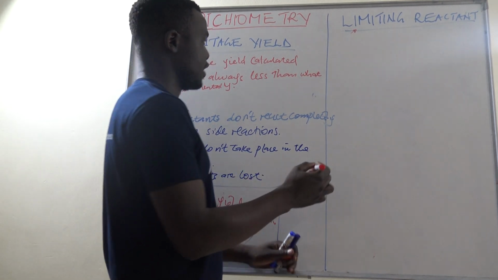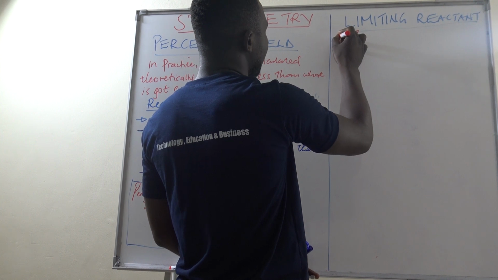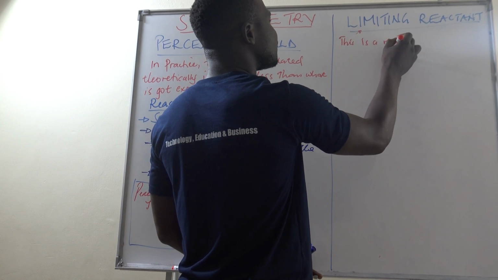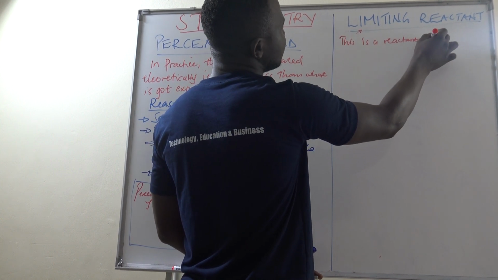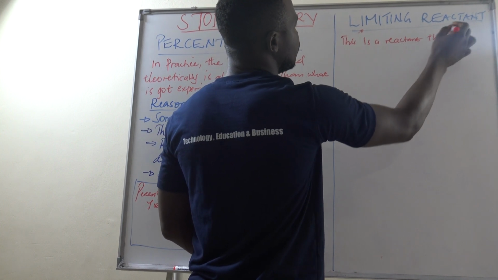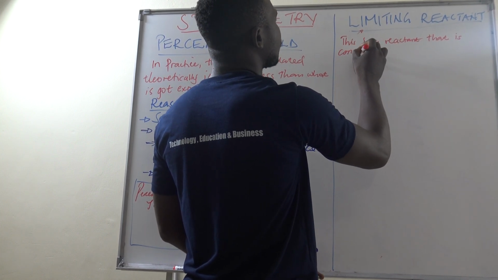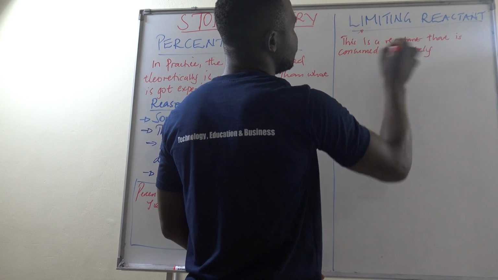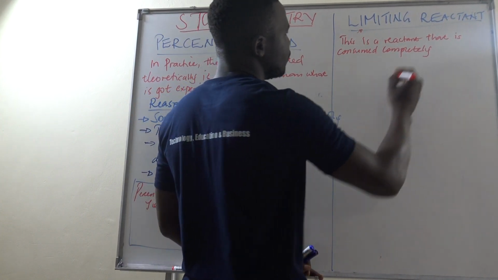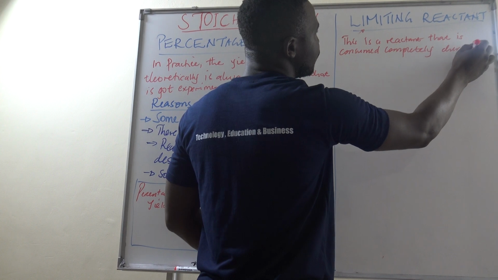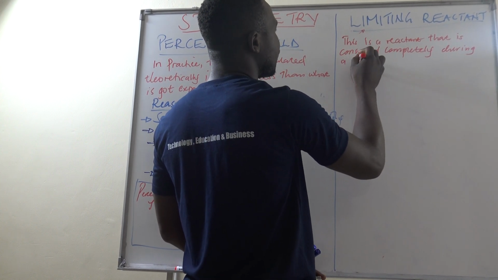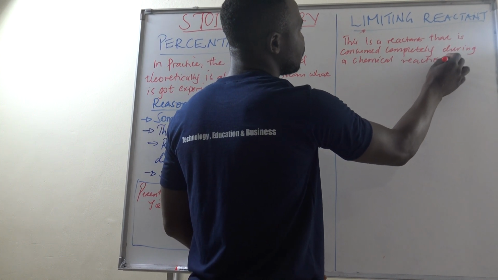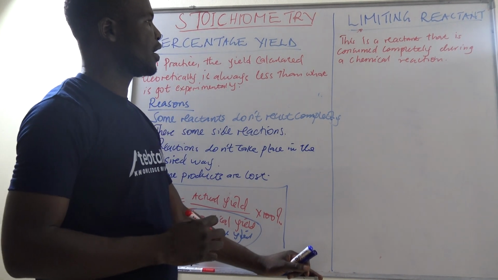So let's define a limiting reactant. We say this is a reactant that is consumed completely. This is a reactant that is consumed completely during a chemical reaction. That's what we call a limiting reactant.